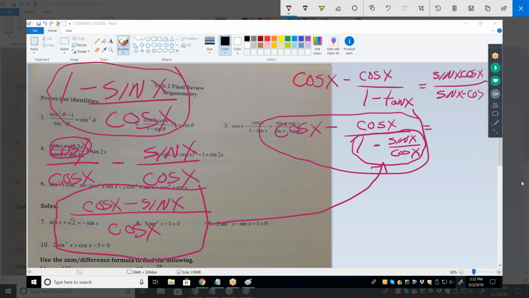Okay, now how do you divide fractions by another fraction? Leave, switch. Or leave, dot, flip. Flip and multiply instead of dividing. You flip the bottom and you multiply. So that's going to give me, if I look at this whole thing right here, cosine x times this over here flipped.